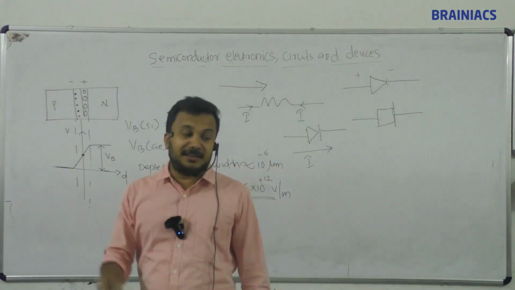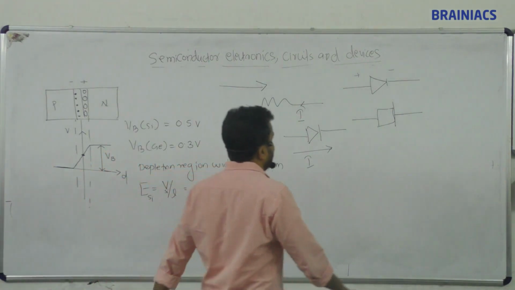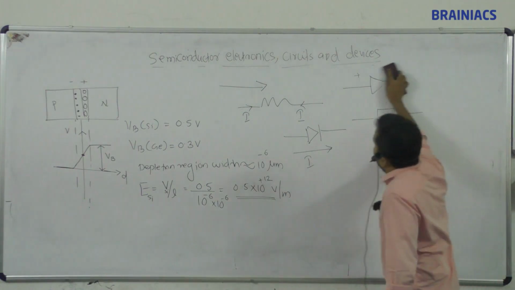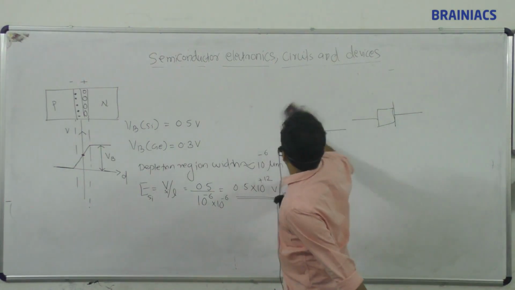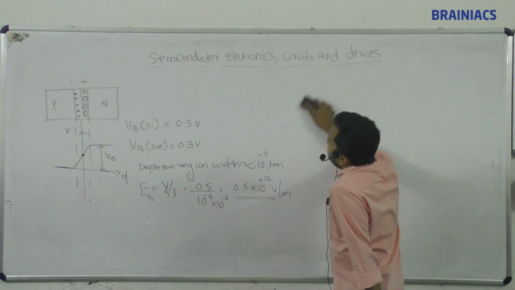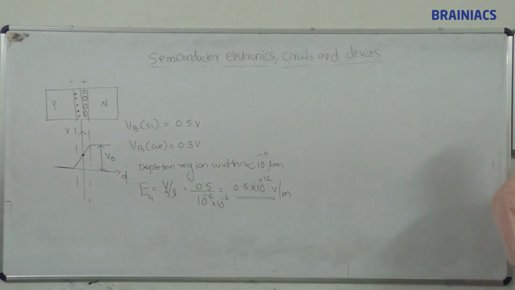So the important point is that a diode is a unidirectional device. That's the symbol and its meaning. Okay, symbol of diode. Next one.